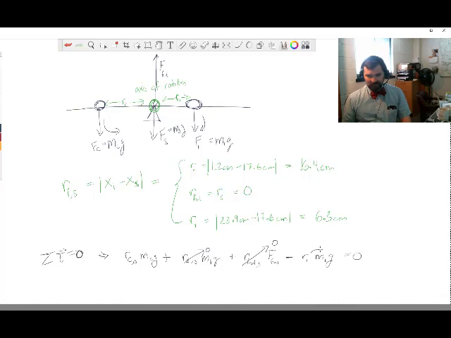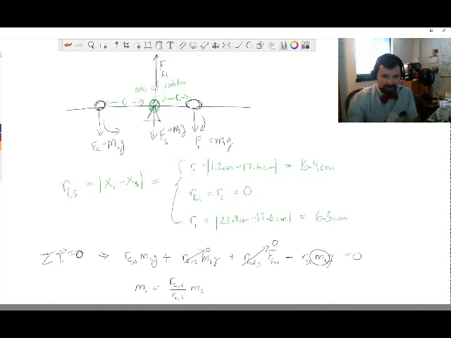We are solving for this term right here. If we add to both sides, and then divide by R times G, you get M1 is equal to R sub C S, this is R sub 1 S, so R sub CS over R sub 1 S times M sub C. So same basic equation that we had before when we were figuring out the mass of the stick.